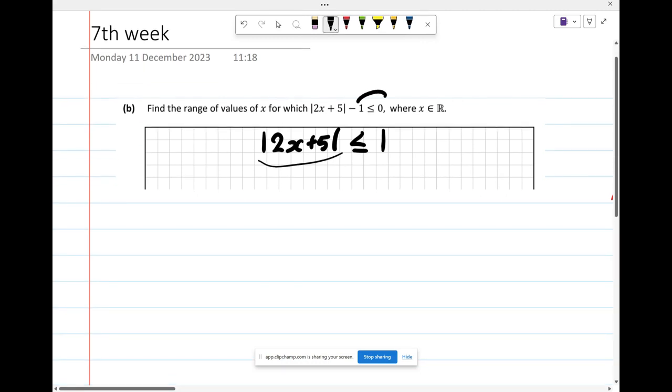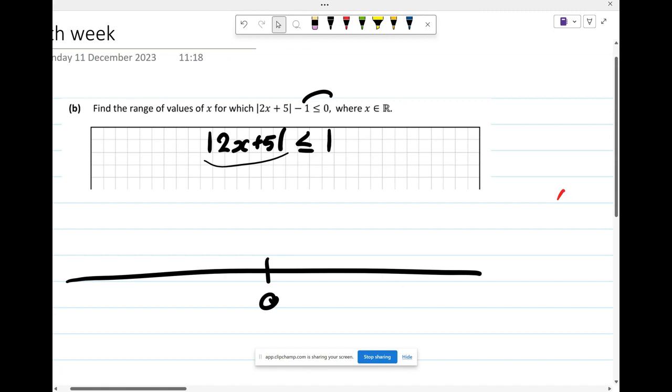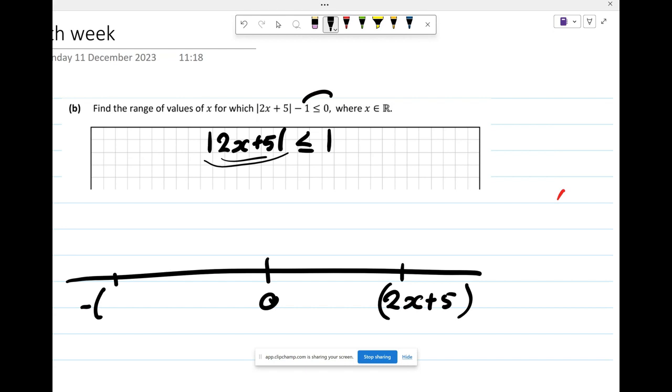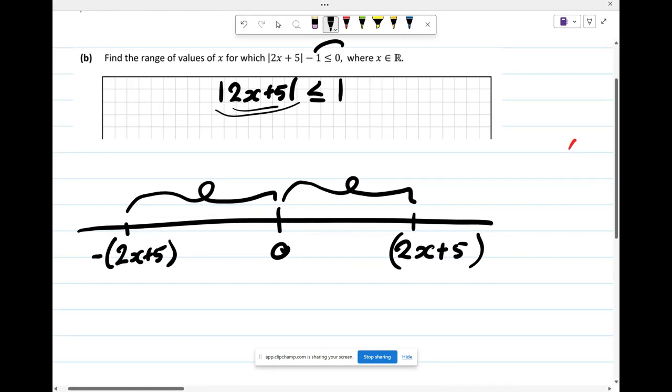So let's go through it again just to see what this means. Remember, the absolute value is the distance from the origin. So if we have 2x plus 5, and that's positive, and we have minus 2x plus 5, the absolute value means it's the distance to the origin. And these two distances will be the same.